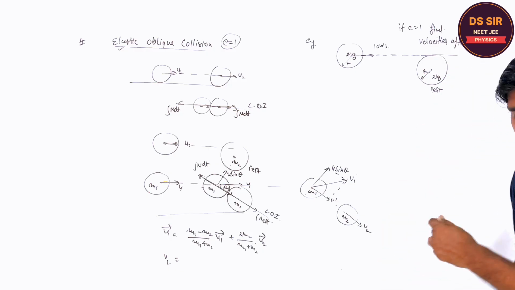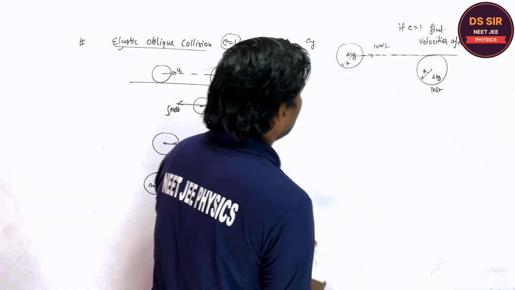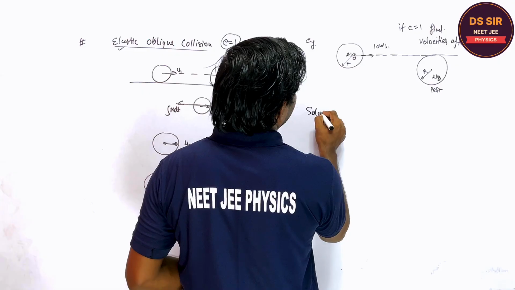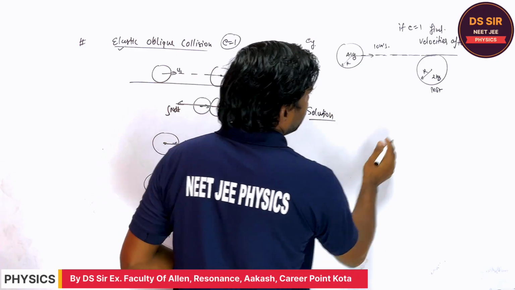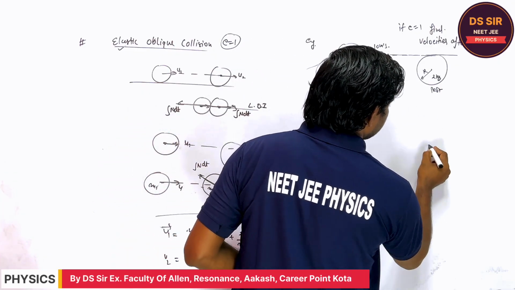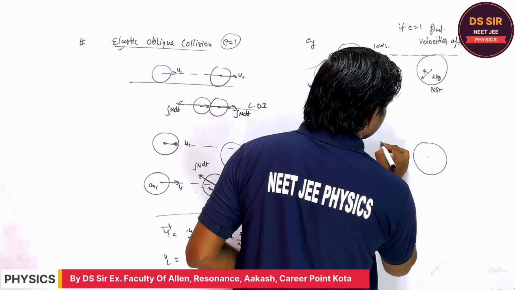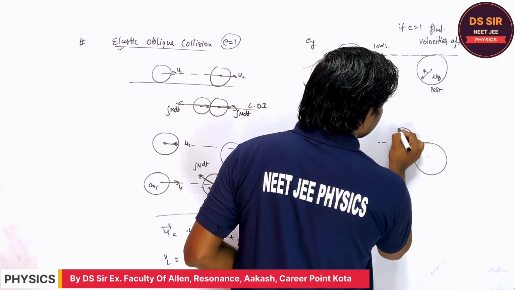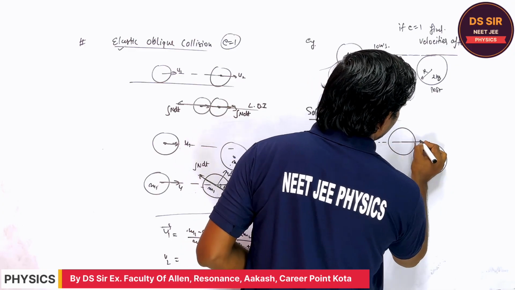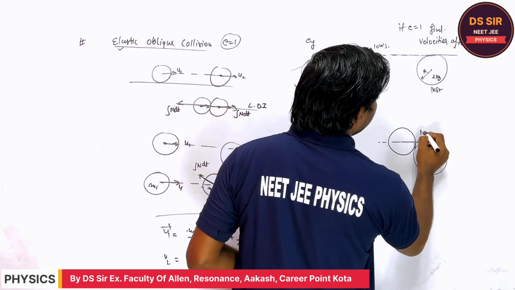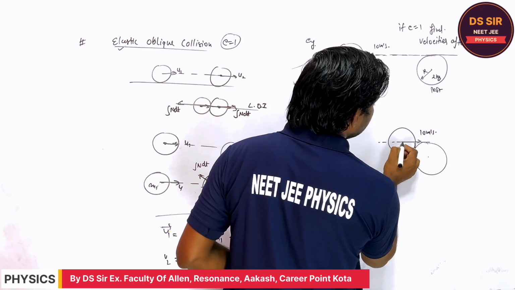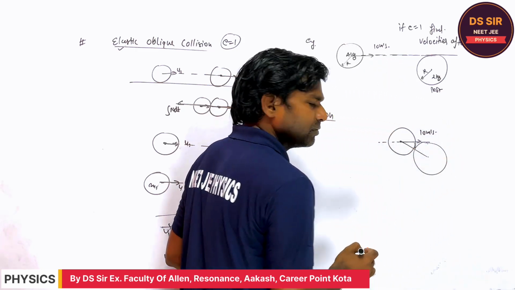This is the thing. I will give you 1 minute to think about this. Listen one thing. How to do the solution. When they hit, this is the radius r, right? This is the value of the speed u, 10 meter per second, just before the collision. This is the center.